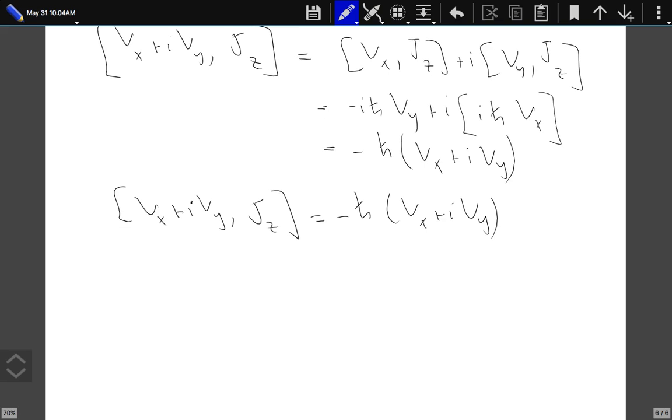Now you can just repeat the same derivation with the other sign. Vx minus i Vy with Jz will be equal to plus h bar times Vx minus i Vy.